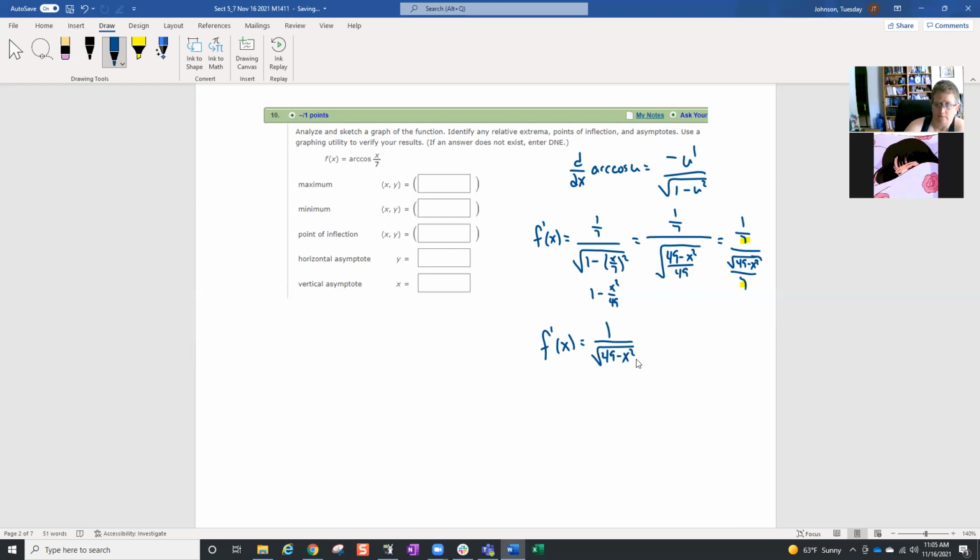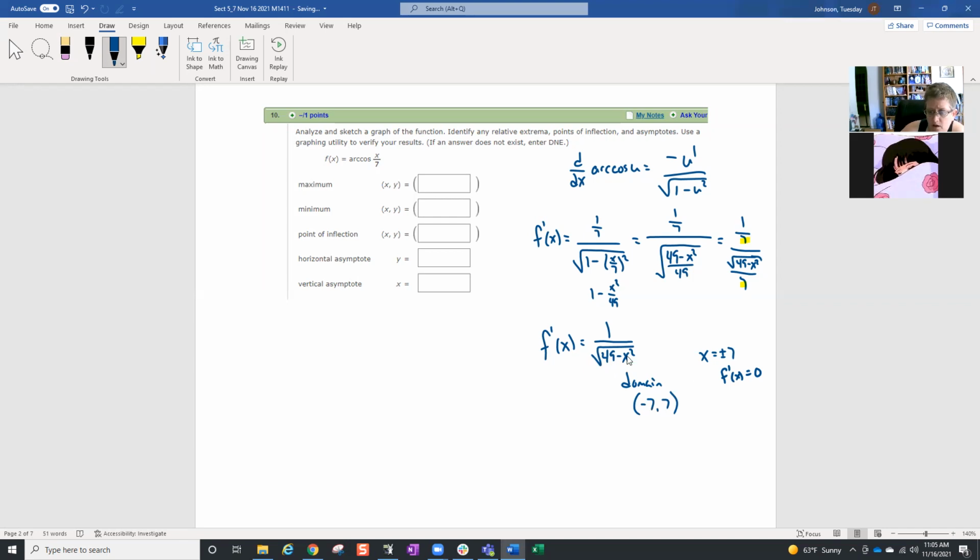All right. So it looks like we have some issues when x equals plus or minus 7. So that's an issue. It looks like this domain has to be from -7 to 7 only.